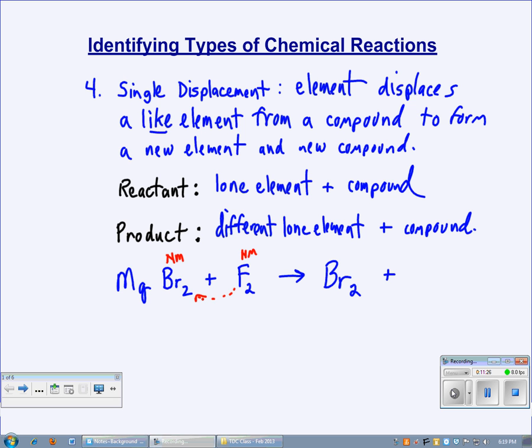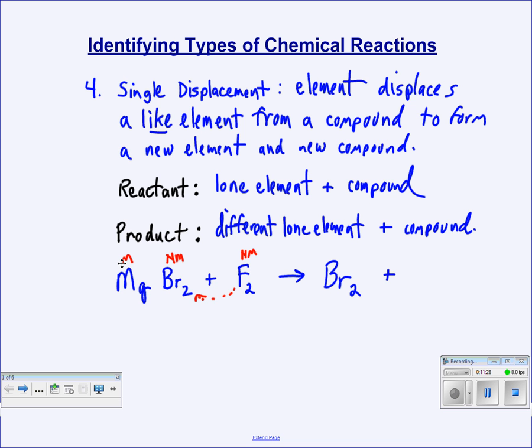And how would those bond? Well, magnesium is a metal. Fluorine is a nonmetal. You got it. We write the ions, and we'll do our crisscross. The magnesium ion is Mg 2+, and the fluoride ion is F-. Crisscross: 1 magnesium bonds to 2 fluoride, and we would get a product of MgF2.